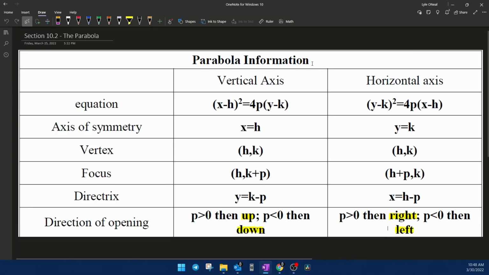And here in our parabola information sheet, at the bottom, you can see that the column that we're going to choose to work with depends on whether the parabola opens up or down or left or right. And so since our parabola opens to the right, it means that it will have a horizontal axis. And then all of these formulas apply to our particular parabola.